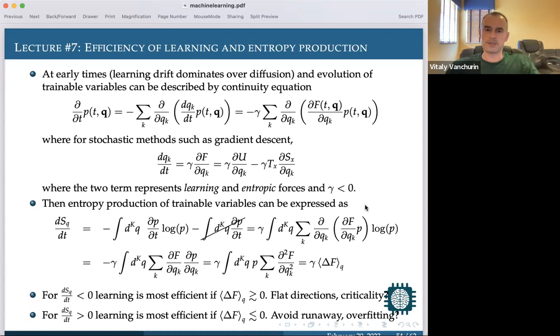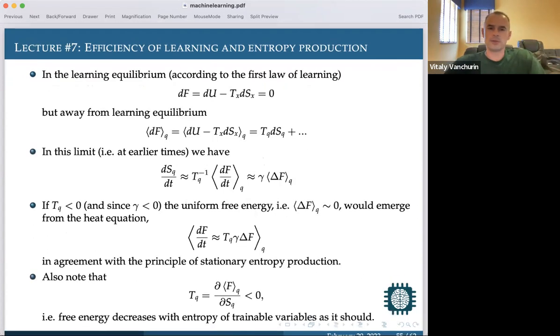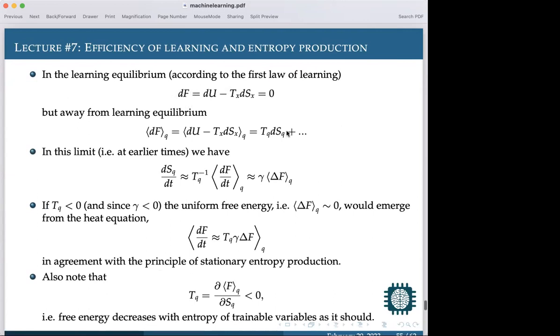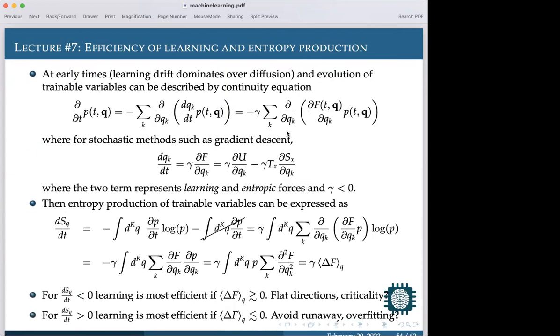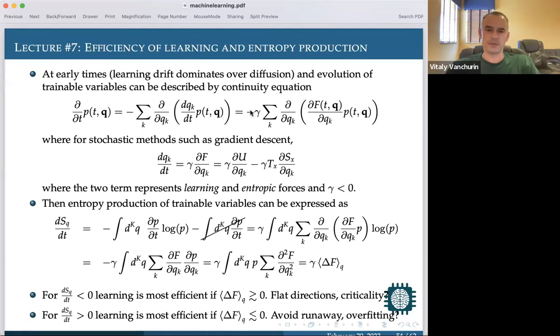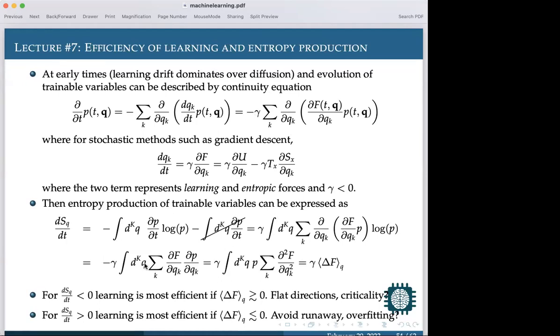Okay, so let's continue the analysis, right? So we know what the free energy is. In the previous slide, where did the negative go? There was a negative gamma, and then it became positive. The last line, yes, right there.